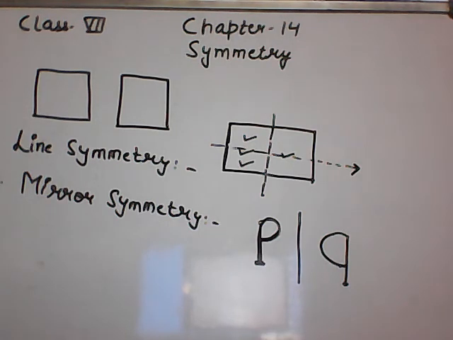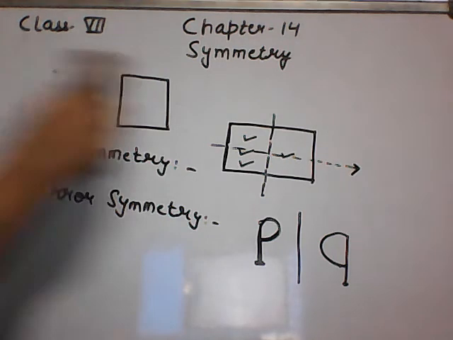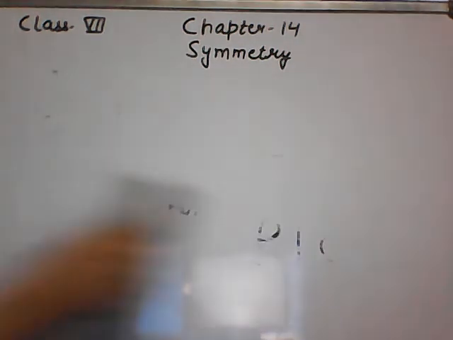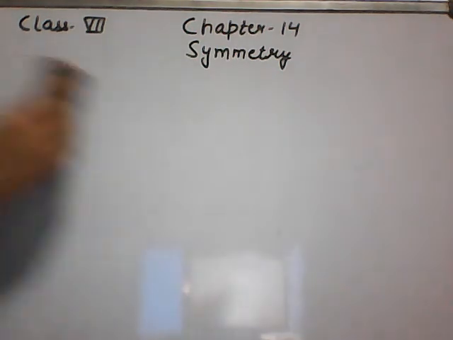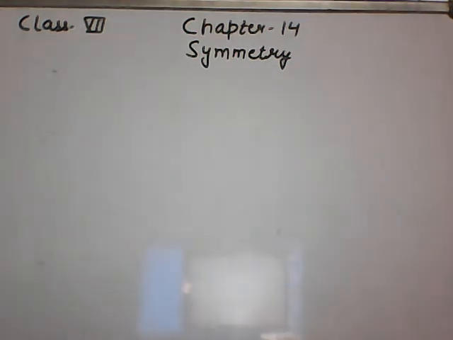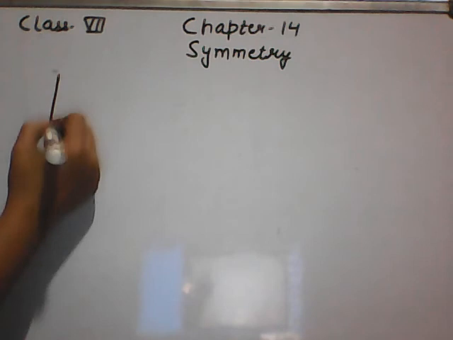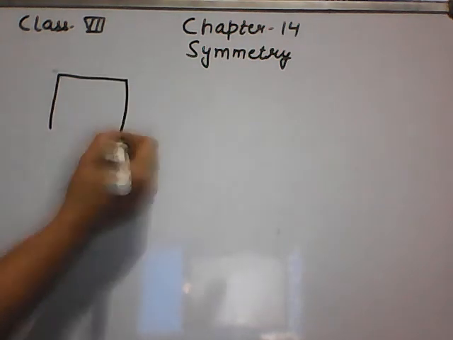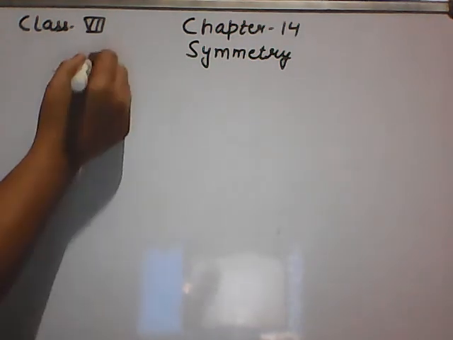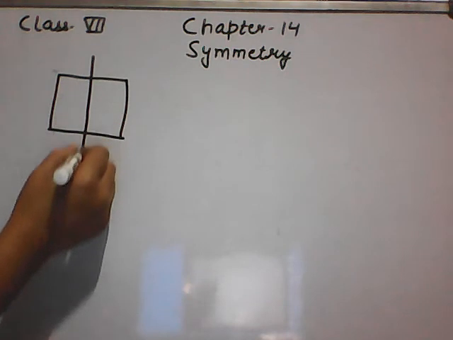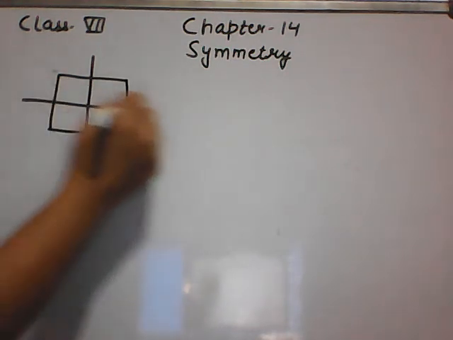Let's discuss the lines of symmetry for some figures. Suppose there is a square and you have to find the lines of symmetry for this square. In a square we have four lines of symmetry. It is a vertical line of symmetry. It is a horizontal line of symmetry.